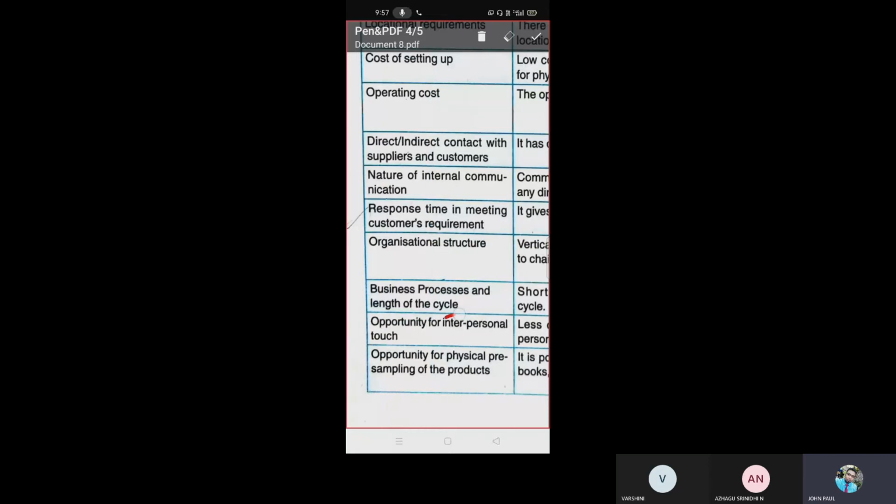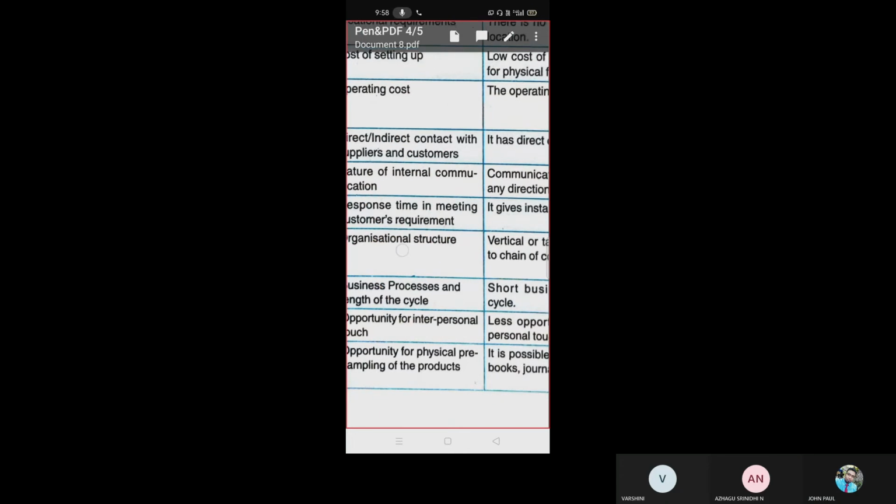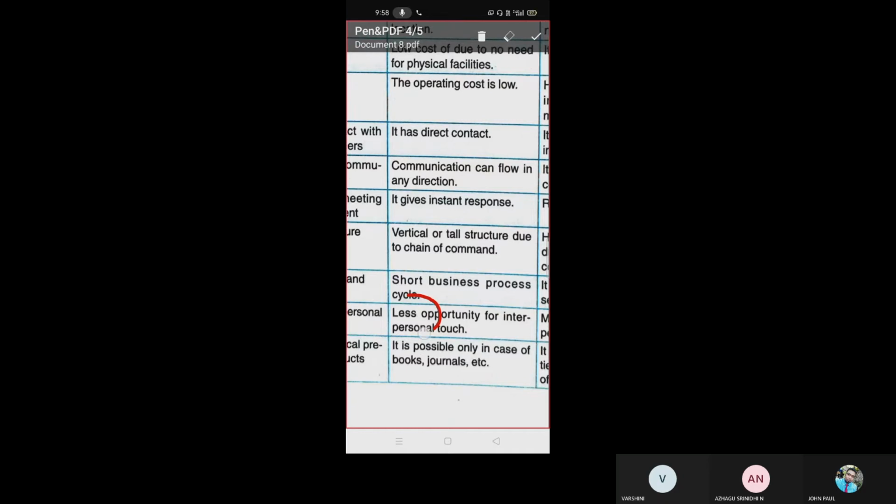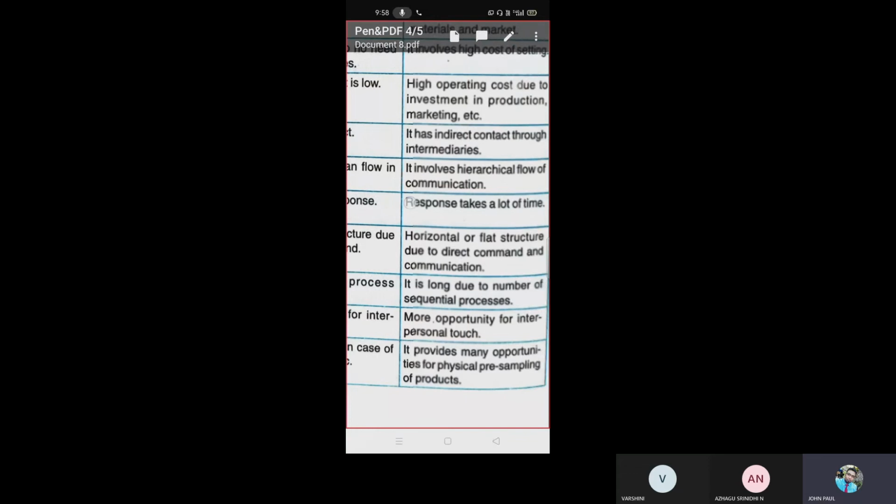What do you mean by inter? Yesterday I told you inter and intra. What is intra and what is the meaning of inter? So intra means within, within the organization. Inter means with another organization, two or more persons. So in online business, there is less opportunity for interpersonal touch, whereas here in traditional marketing, it is more.